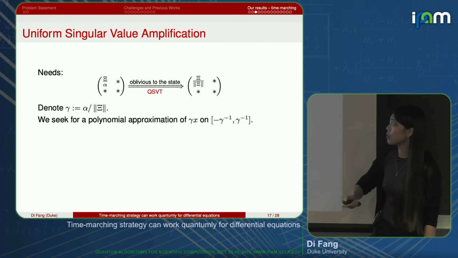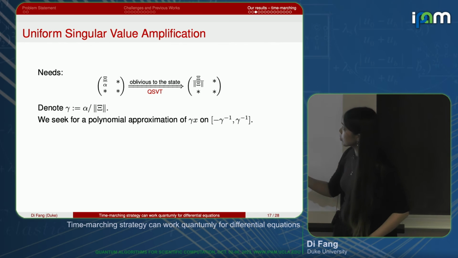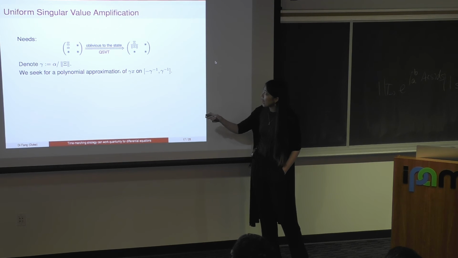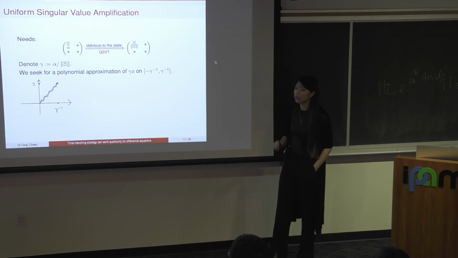Then there's the immediate solution that you might already know: QSVT. QSVT is particularly designed for something like this. So I'm just going to change this as a ratio, and I'm implementing the function gamma x, basically. All I need is to seek a polynomial approximation.